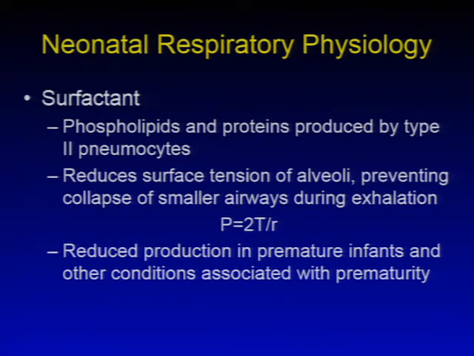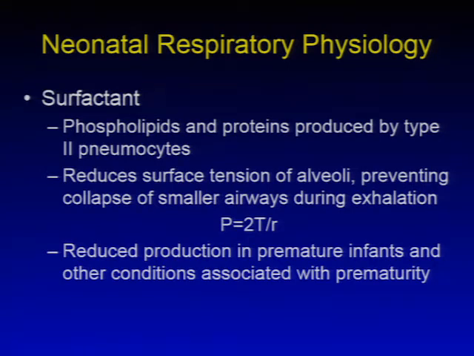Other components of neonatal respiratory physiology include surfactant. Surfactants are phospholipids and proteins that are produced by type 2 pneumocytes, and they reduce surface tension of the alveoli, which prevents collapse of the smaller distal airways during exhalation. Surfactant production is decreased in premature infants and other conditions associated with prematurity.